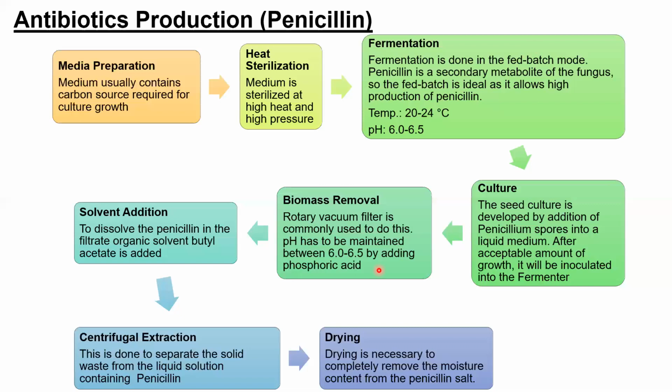The next step is centrifugal extraction, because we want the solid and the liquid to be separated. Density gradient extraction is used, and because of the addition of butyl acetate, all the penicillin antibiotic would be dissolved in the liquid, the supernatant.